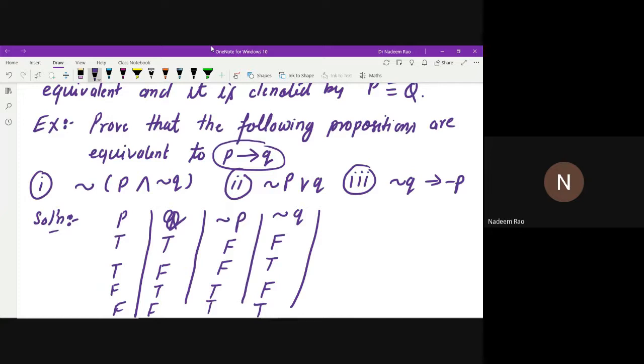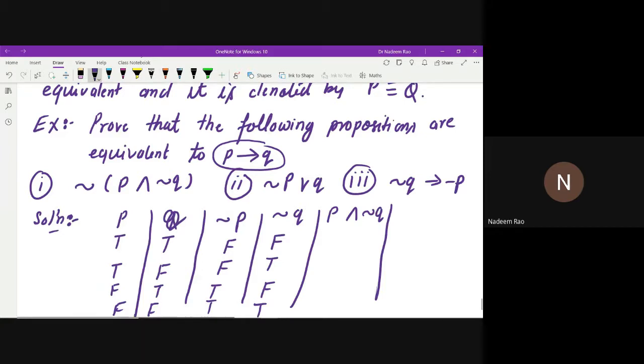Now we check P and negation of Q. Here we are using the conjunction, and in the case of conjunction, if both are true, then it is true, and if one of them is false, then it is false.